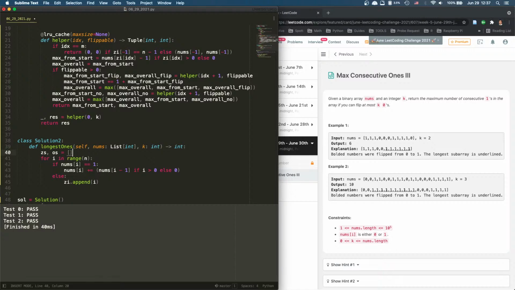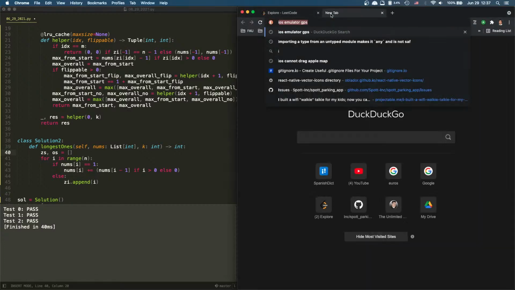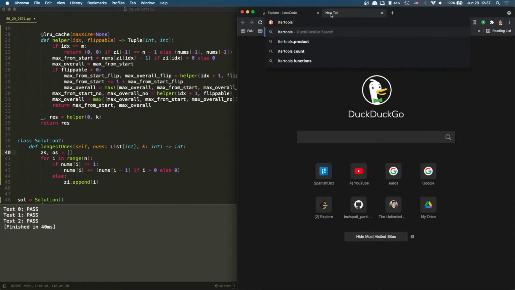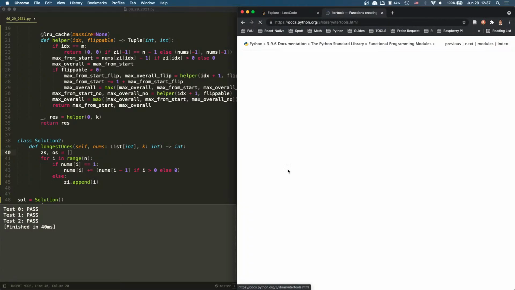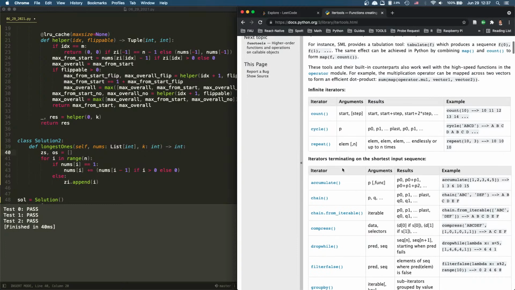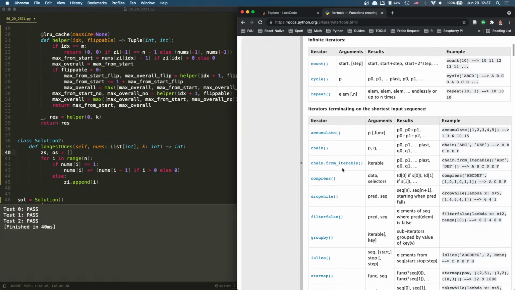A count of how many ones, how many zeros. I think Python has a function to do this. Let's say itertools. Not 100% sure, but I think accumulate, compress. I think it's compress.